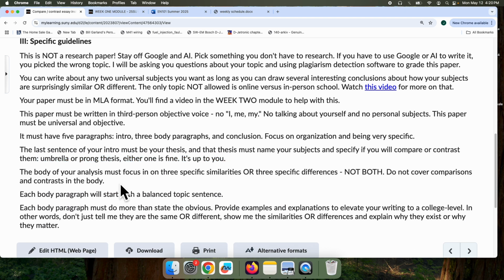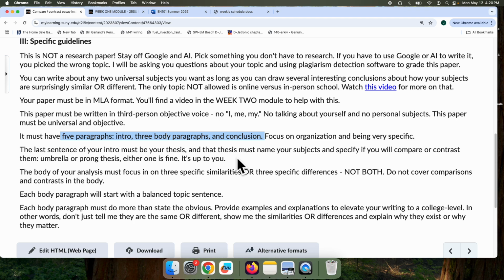So the body of your paper must focus on 3 specific similarities or differences, not both. Good luck getting AI to split the 2 apart. Probably not going to happen. Remember that 5-paragraph count that I said? Most AIs are going to give you 8 paragraphs because they don't know how to split compare from contrast. They think compare means both.